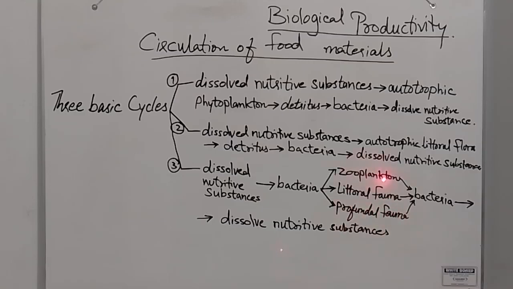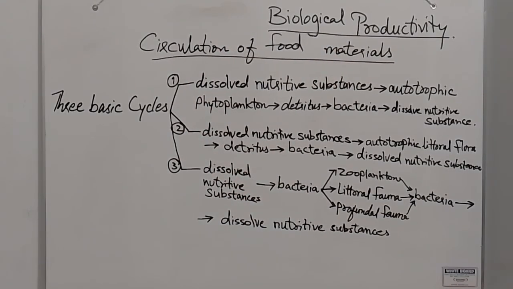After the death of these three types of fauna, they are again used by the bacteria, and the bacteria convert all these again into dissolved nutritive substances. So in this way, these three basic cycles participate in the circulation of food material in the lentic system, in the lake.